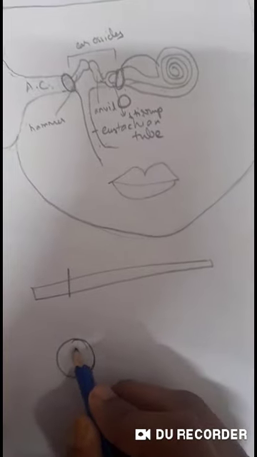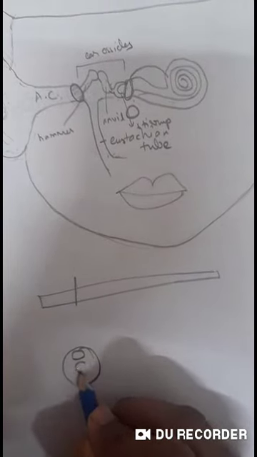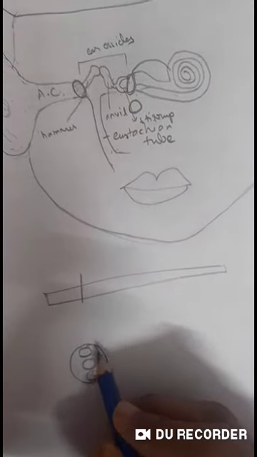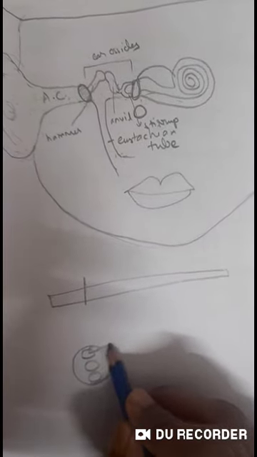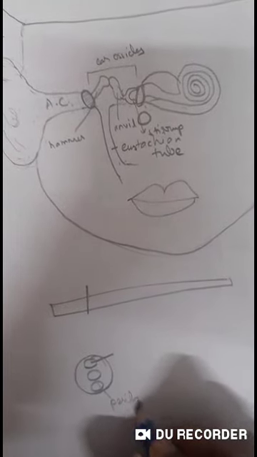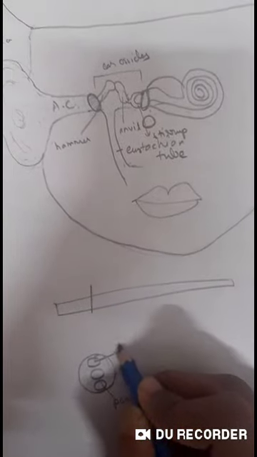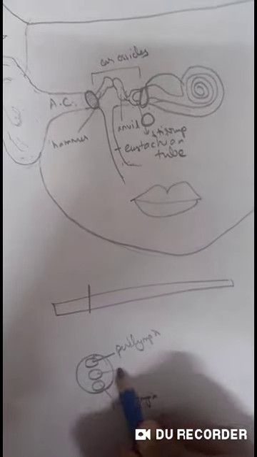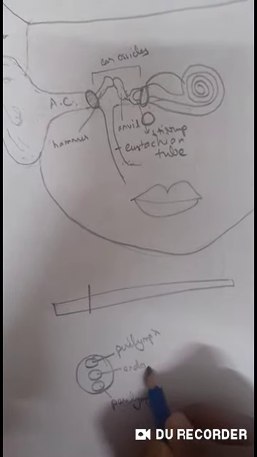Here we would have three canals: upper, middle, and the lower. These two canals have perilymph, and this middle layer contains endolymph.